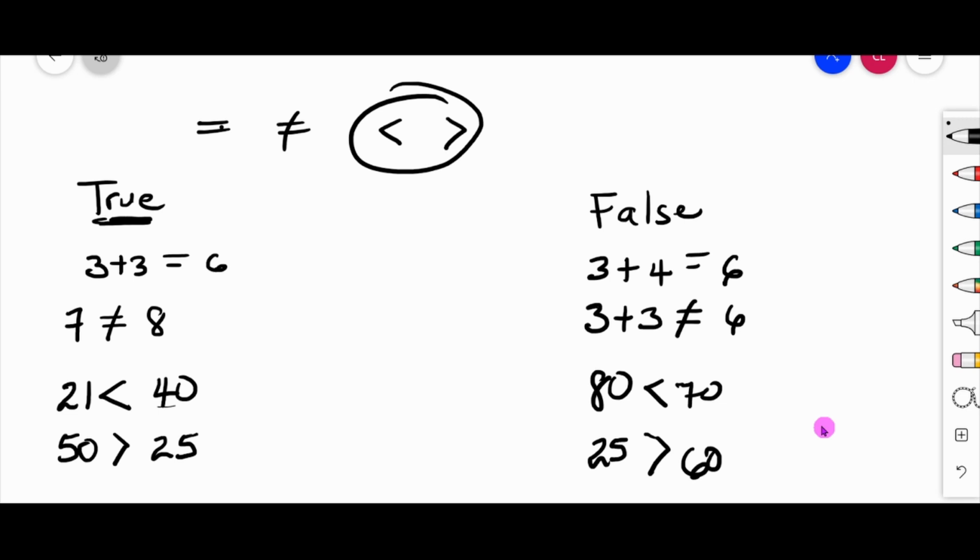Let's look at this. 21 is less than 40, and that is true. So it opens to the greater value. Let's look at this. 50 is greater than 25, and that also is true. But look at these two. 80 is less than 70, and that is not true.